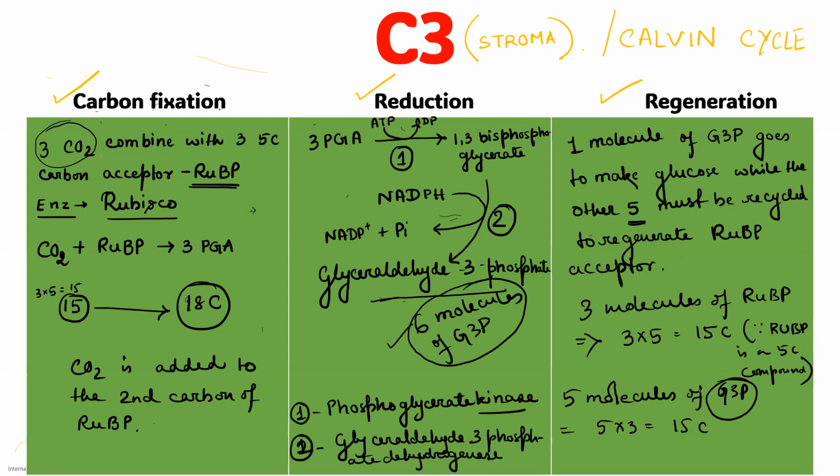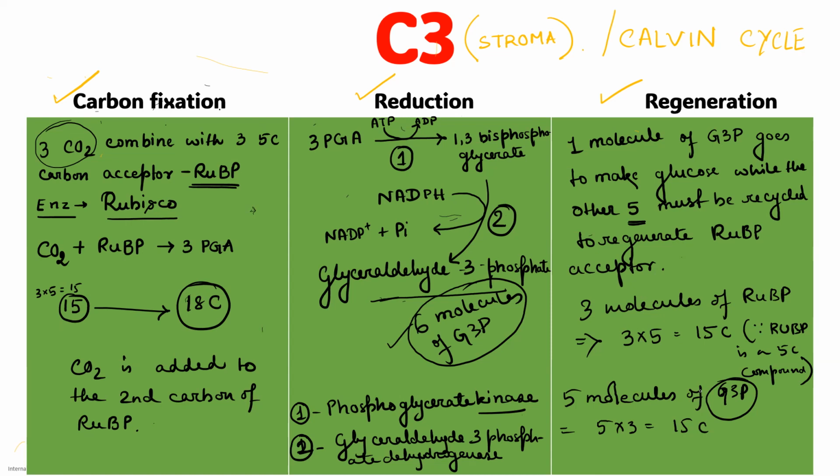Fine. Now, if you talk about ATP, 9 ATPs are converted to 9 ADPs: 6 during the fixation step and 3 during the regeneration step. And for NADPH, 6 NADPH are converted to 6 NADP during the fixation. Carbon fixation and reduction go hand in hand, correct?